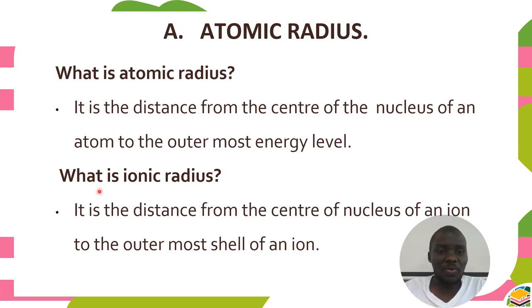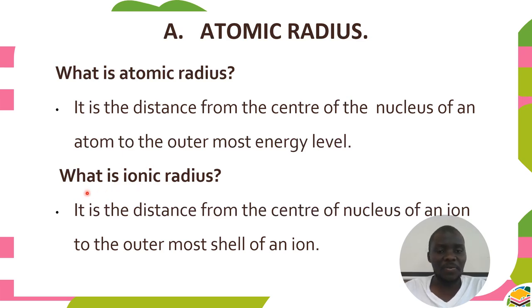And also we need to know the definition of an ionic radius. So we need to be very careful. Now we have changed here. We have an ionic radius, and here we have an atomic radius, but all in all we are looking at the radius. So first of all, we need to go back and define, and we should be able to know the word ion.